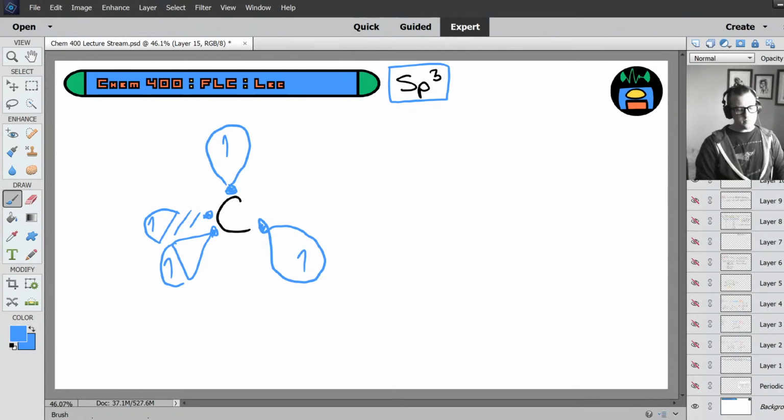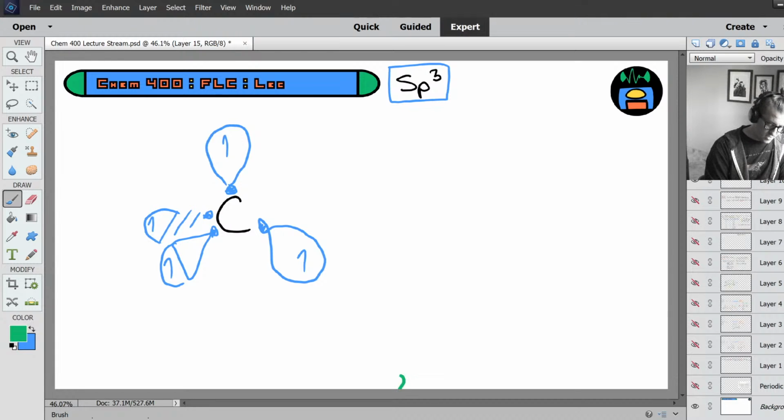All right, there's carbon. Now, we know that carbon has 4 single bonds in this molecule, right? And what happens is hydrogen, now hydrogen's orbitals never hybridize. Hydrogen always has 1 electron in a 1s orbital. That is always how it rolls.